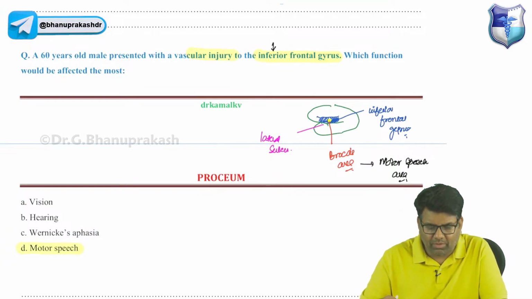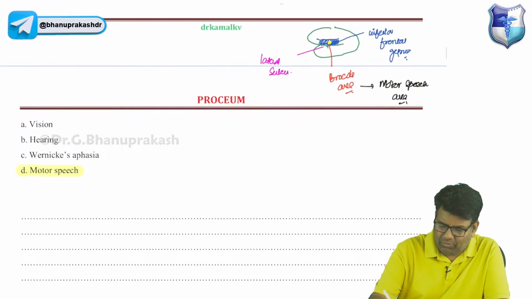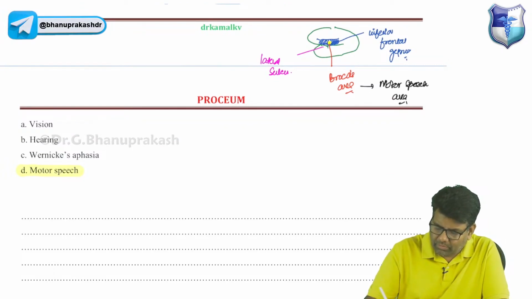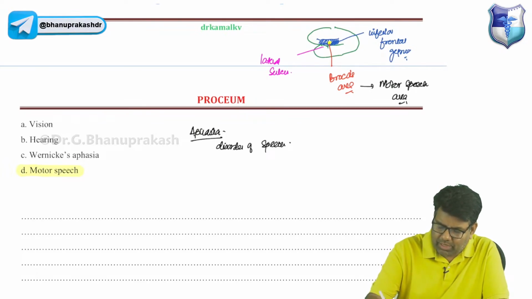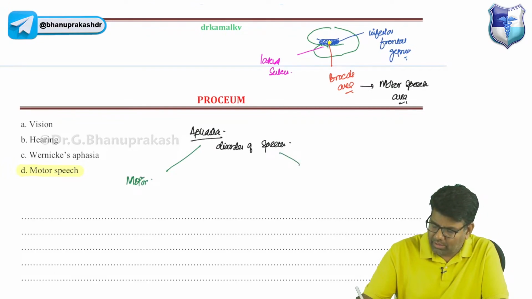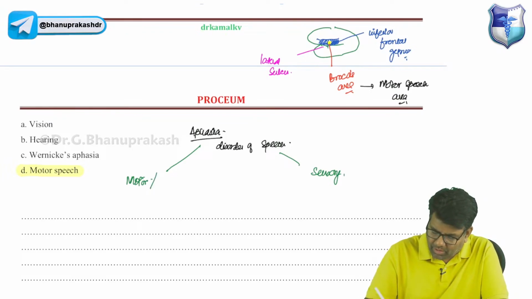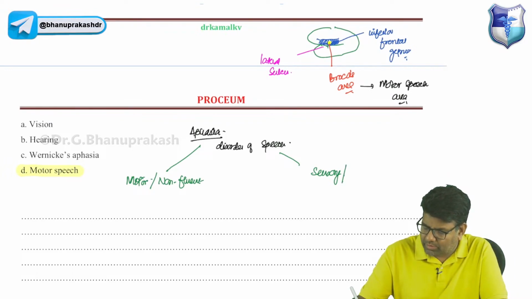Yes, perfect. Right? So now we can take a few words about aphasia. Aphasia means a disorder of speech. Again, we have two types. The motor type is also known as non-fluent, and the other is also known as fluent.